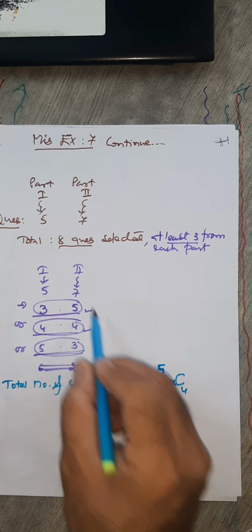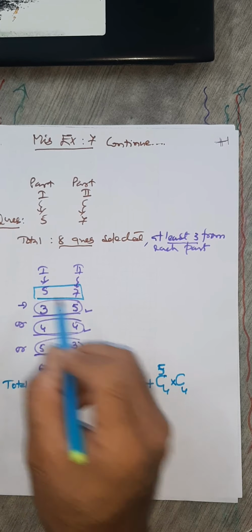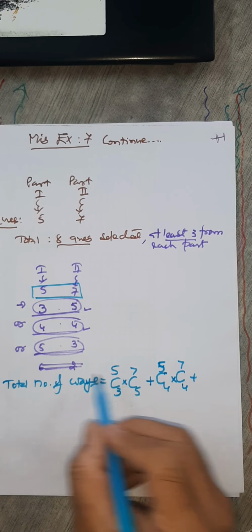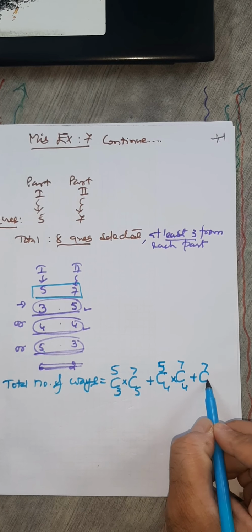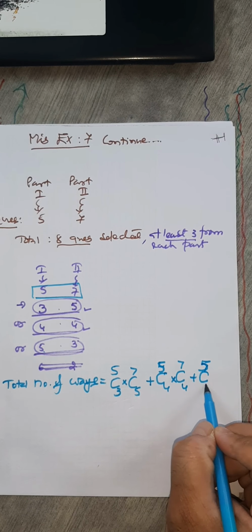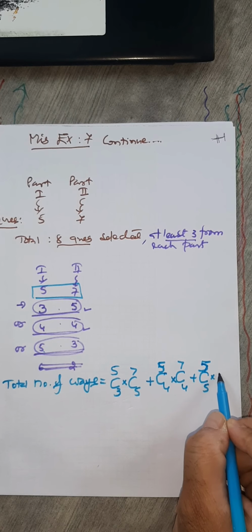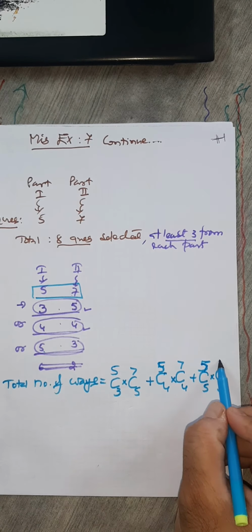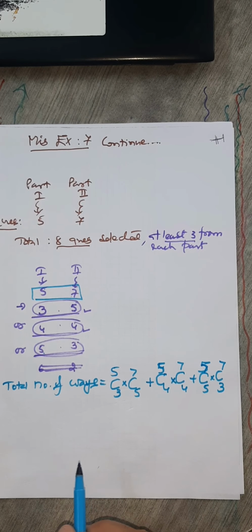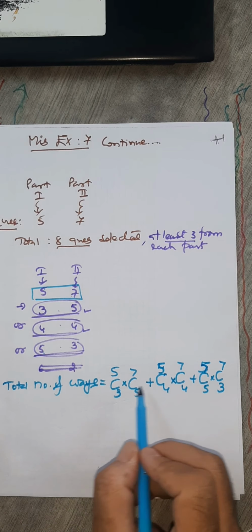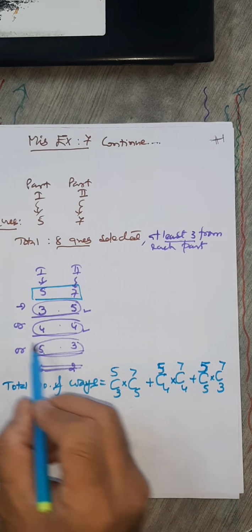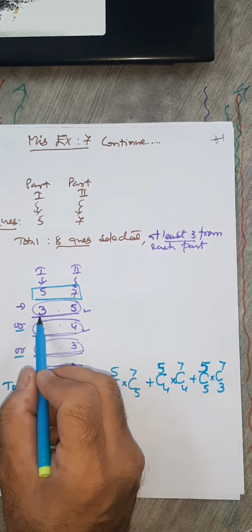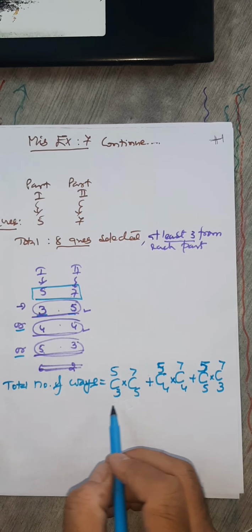Next 4 should be selected from here 7. Or plus. Now this here 5, so 5C5. And 3. AND means into. 3 should be selected from 7, so 7C3. Fine. Why plus? Because you are using OR. OR means addition, remember, as I told you earlier. And AND means into. This and this, so here into.